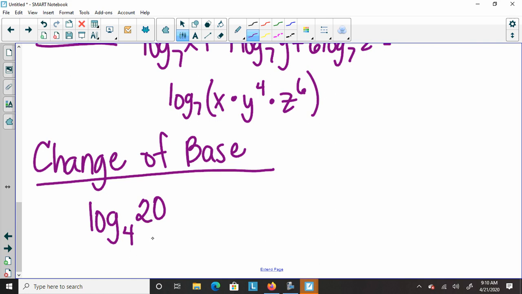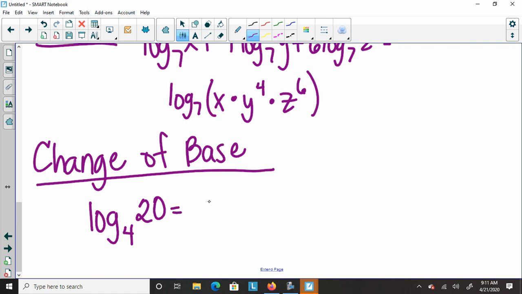Well, there's not a whole number or a fraction that we're used to seeing to get to 20. So what we have to do is write it in a different way, and you just put it like this in the calculator and it does it for you, because this is going to be a decimal, because 4 squared is 16 and 4 cubed is 64, so 20 is in between 2 and 3. The power is going to be between 2 and 3.